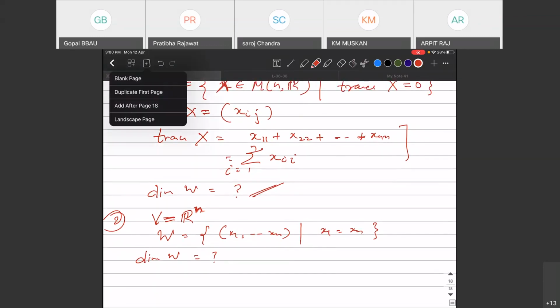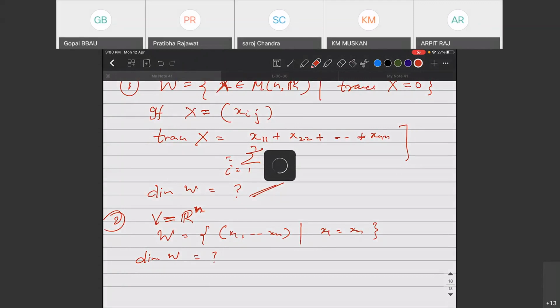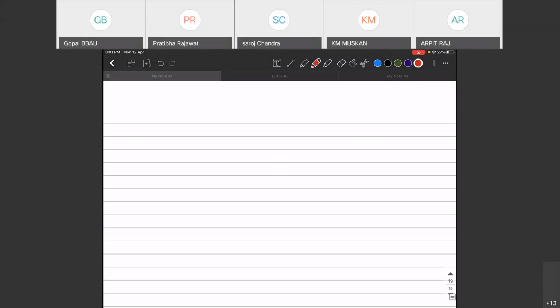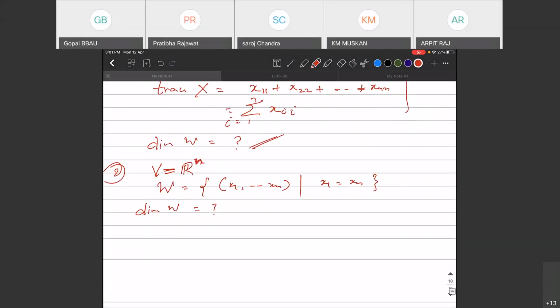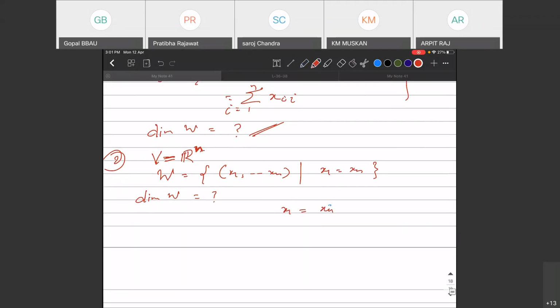So if you see, this W is given by the solution set of a linear equation, a single linear homogeneous equation. This x1 equal to xn can be represented as a homogeneous linear equation: x1 + 0·x2 + ... + 0·x(n-1) - 1·xn = 0.